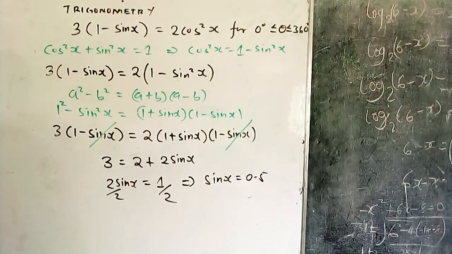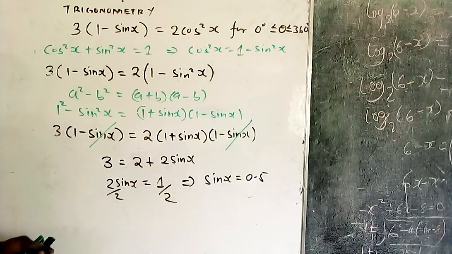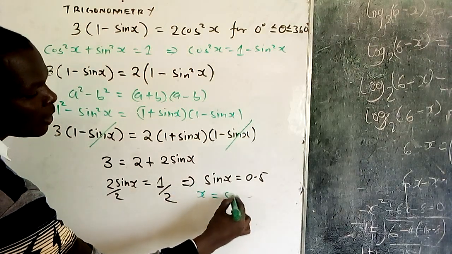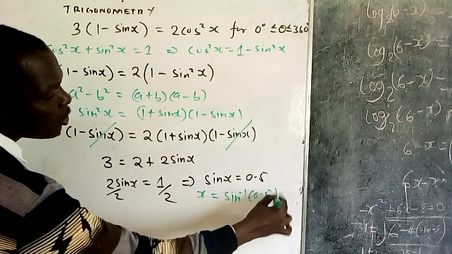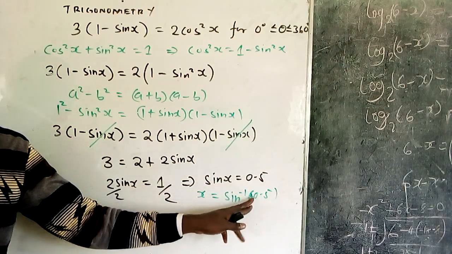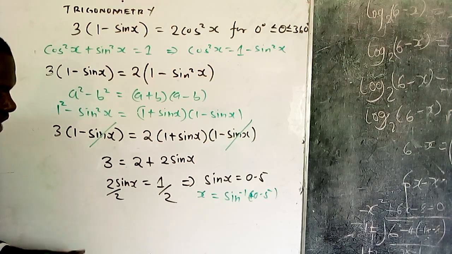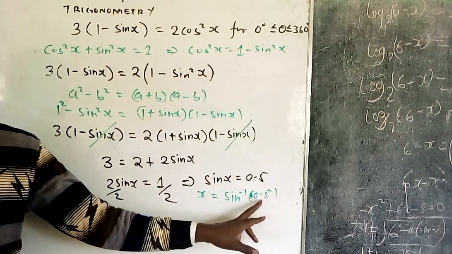So for us to get x, what do we do? We look for the sine inverse of 0.5. So x is going to be the sine inverse of 0.5. Remember, this 0.5 is positive. That positive is only telling you the quadrant where you are going to deal. So simply look for the sine inverse of 0.5.